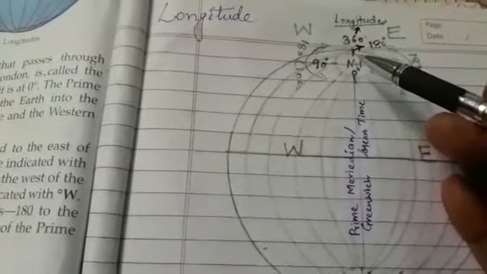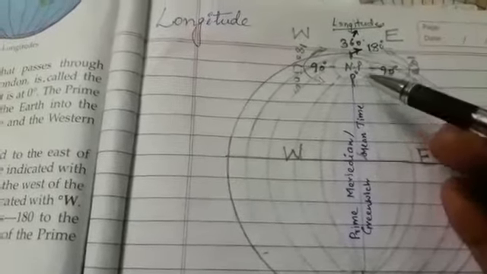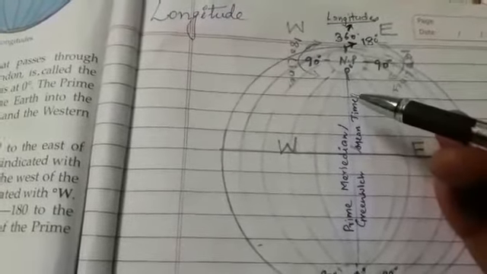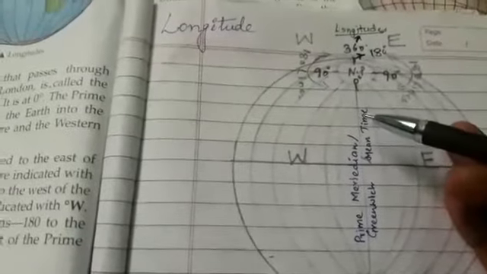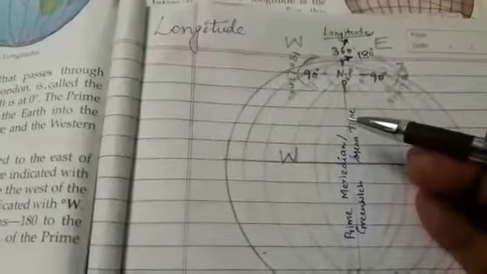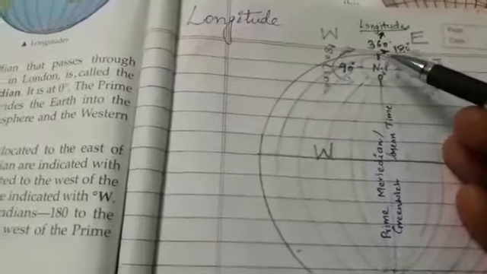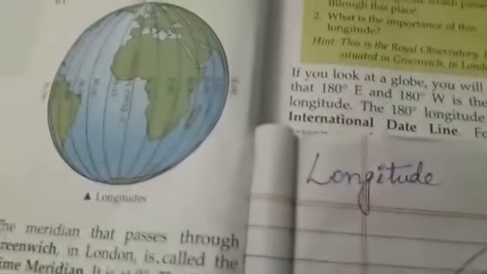The earth gained the new day, or we can say a new date has started. So in this way, we follow this 180 degree as the international date line.